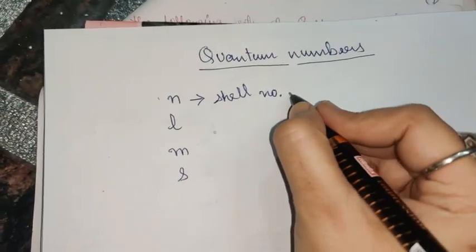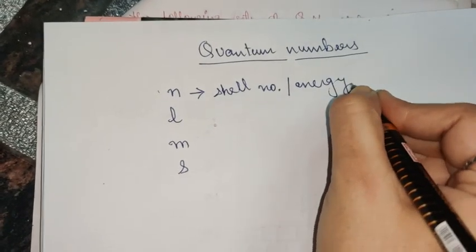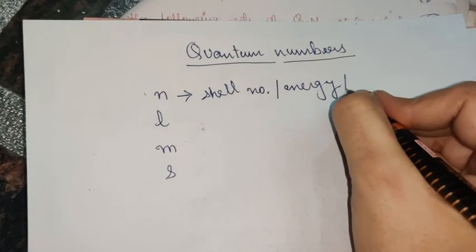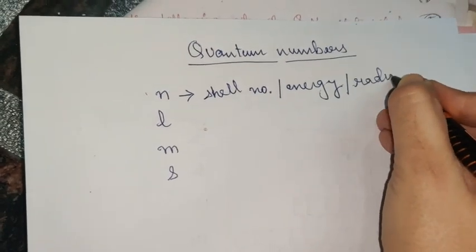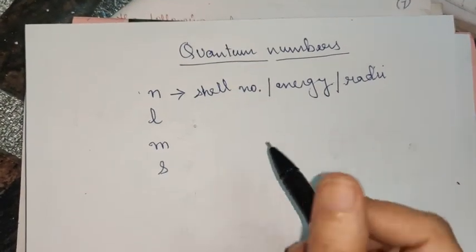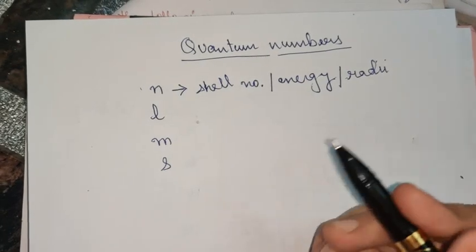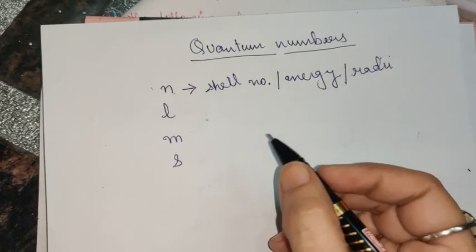We also come to know about the energy of the orbit, and also about the atomic radii, or the distance between the nucleus and that particular orbit. So these are the three pieces of information that we get from the principal quantum number.